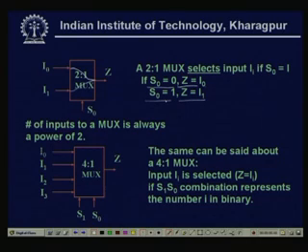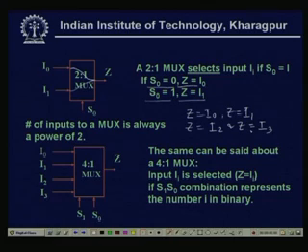Now, if we consider a 4 to 1 multiplexer, 4 to 1 means 4 inputs and 1 output. Here we have to select from 4 lines, that means either Z equals I0, Z equals I1, Z equals I2, or Z equals I3.